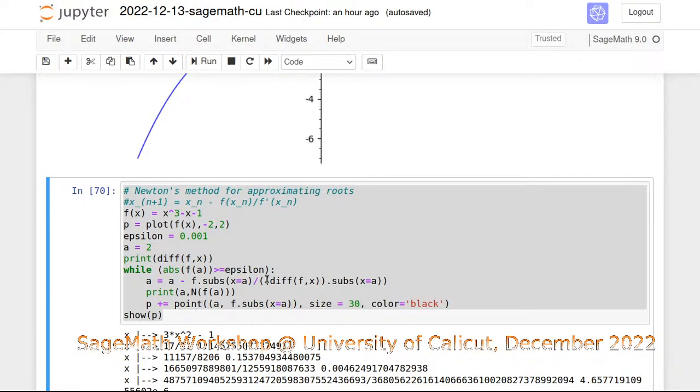Okay, now I think the approximation method is also now seen.